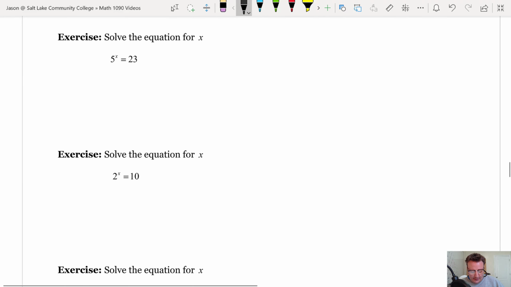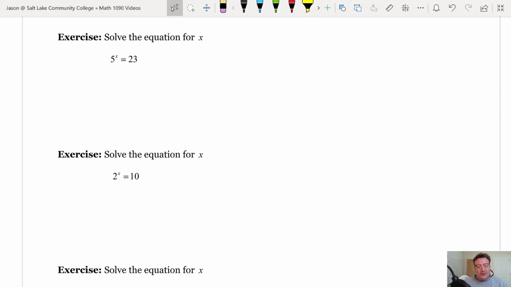Okay, now let's start solving some equations involving exponentials. Whenever you see an equation where the variable you want to solve for is in an exponent, you're going to need to use a logarithm. And I'm going to show us two different ways to solve this equation.